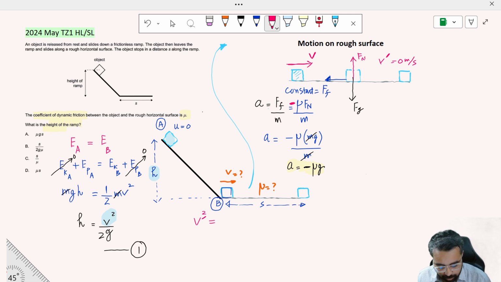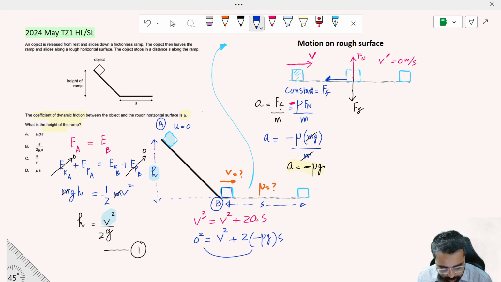The final velocity squared is equal to the initial velocity squared plus 2 times a times the displacement covered. If I put in the values, 0² is equal to the velocity at the beginning of the rough surface squared plus 2 into negative mu g into s. So you can take it to the other side, and v² becomes equal to 2 mu g s.